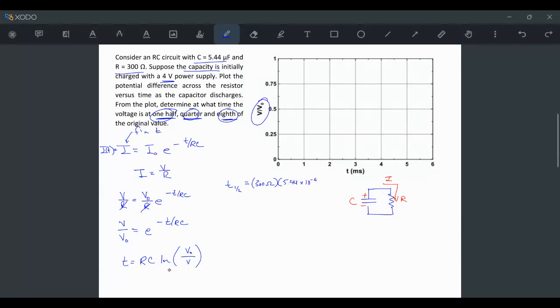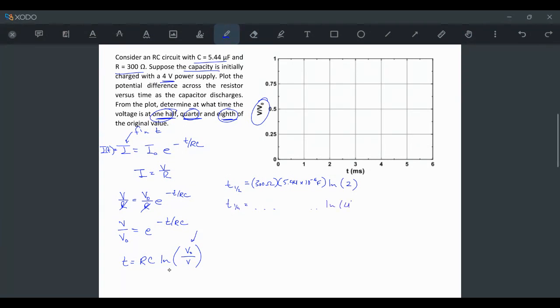So it's 10 to the minus 6 farads, times the logarithm of 2. This is the logarithm of 2 because we're putting in V over V naught equal to a half, and that gets flipped because of the orientation of this fraction. So it's ln 2.